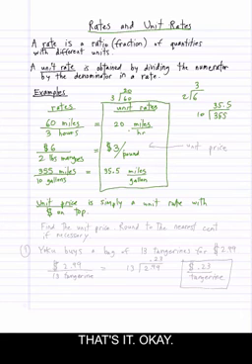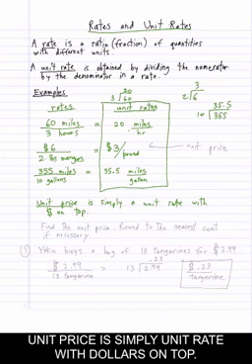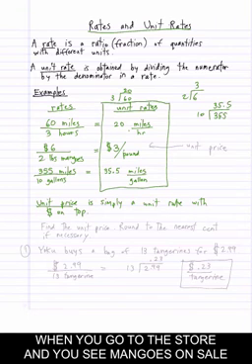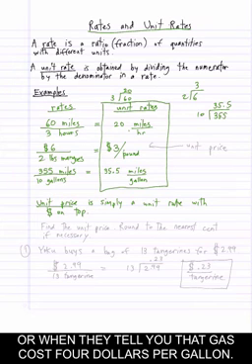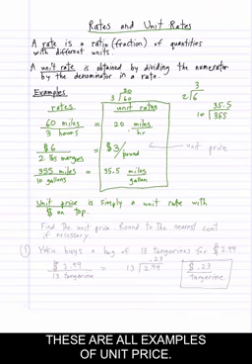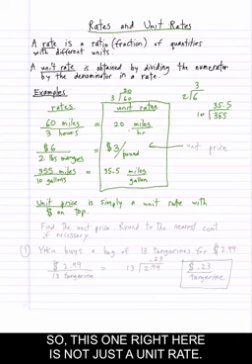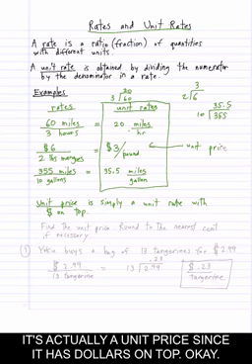That's it. When you go to the store and you see mangoes on sale for $3 a pound, this is an example of a unit price. Or when they tell you that gas costs $4 per gallon, these are all examples of unit price. So this one right here is not just a unit rate, it's actually a unit price, since it has dollars on top.